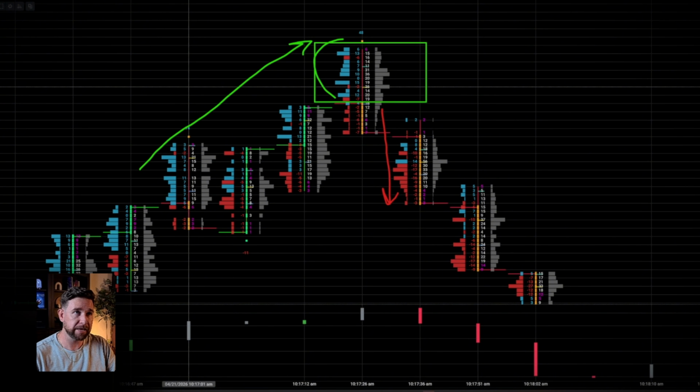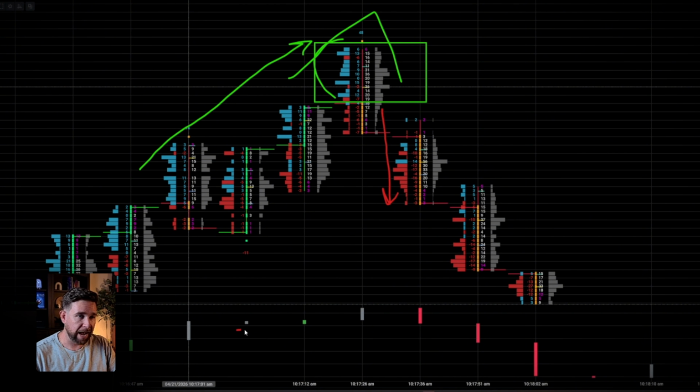This shows us that buyers had exhausted themselves at this high, and this aggressive surge in buying ran out of fuel and they were no longer able to move price higher. Then, as any little bit of aggressive selling steps in, price quickly and easily reverses the other direction.